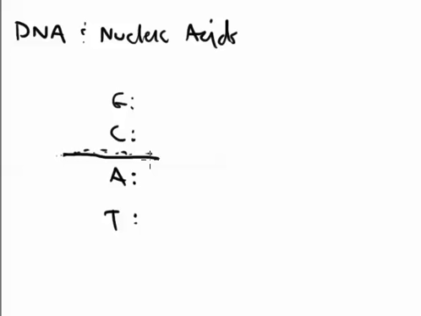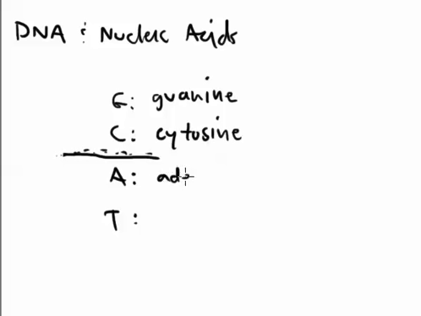So the G is going to stand for guanine. The C is going to stand for cytosine. The A stands for adenine.